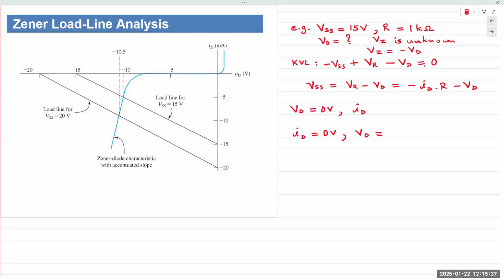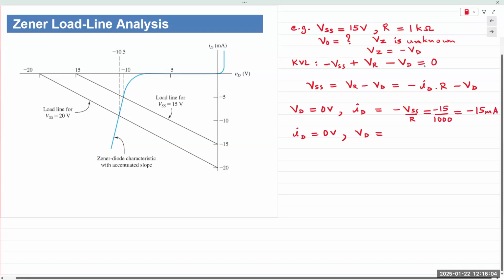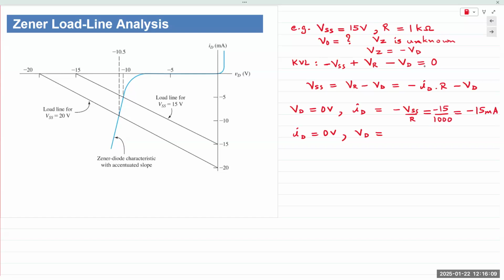So in this case, if I plug in VD is equal to 0, ID turns out to be minus VSS over R, which comes out to be 15 divided by 1000, and then actually minus, so minus 15 milliamps. Right? Makes sense? Same thing for ID is equal to 0. VD turns out to be minus VSS, so minus 15 volts.